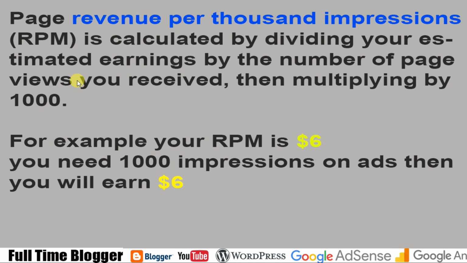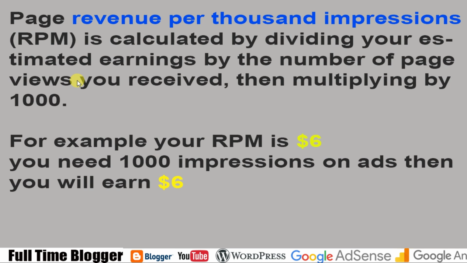It simply means if you get 1,000 impressions on your ads, from your whole website, different pages or a single page, you will earn that RPM amount. For example, if your RPM is $6, you need 1,000 impressions on your ad, then you will earn $6.